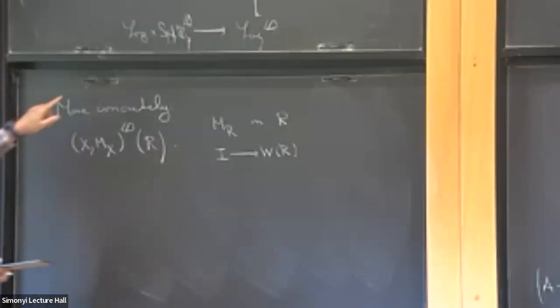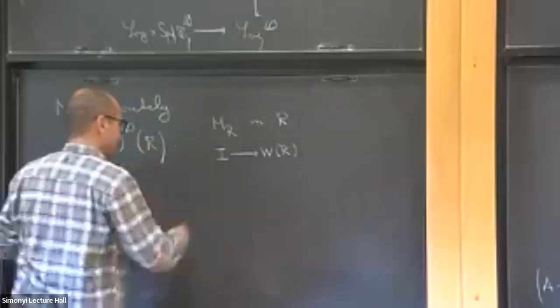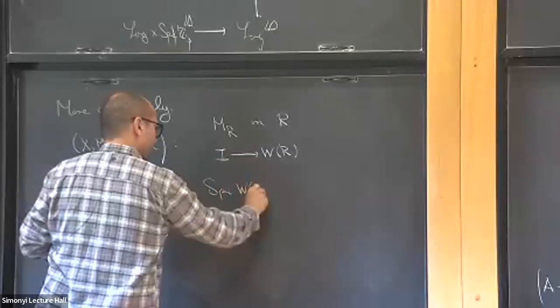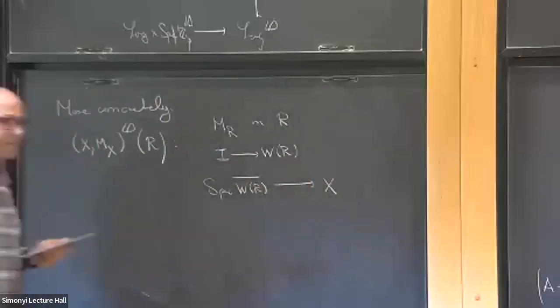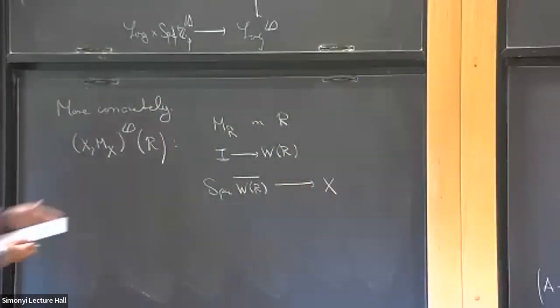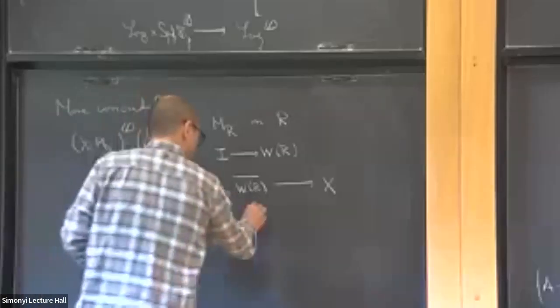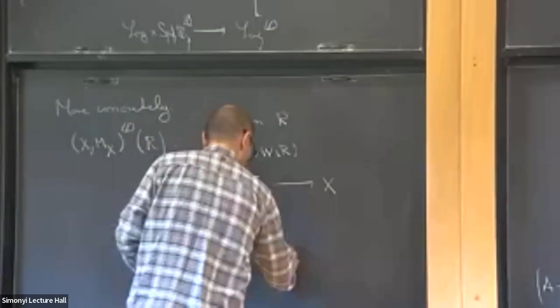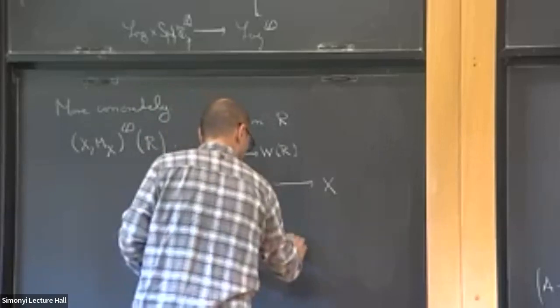And now I have to give a map to X, that's the map to here. But then I also have to specify that this should be over this base here.